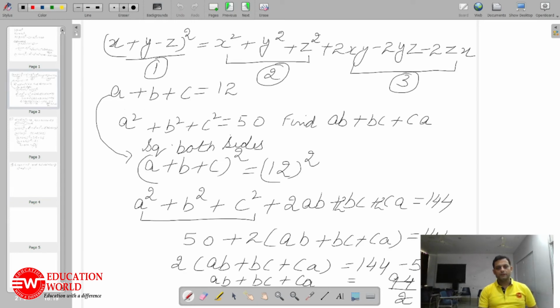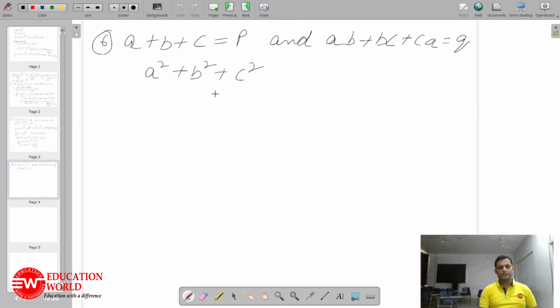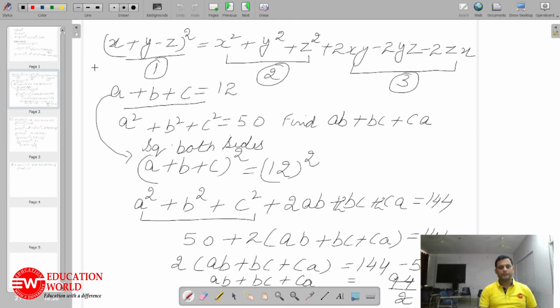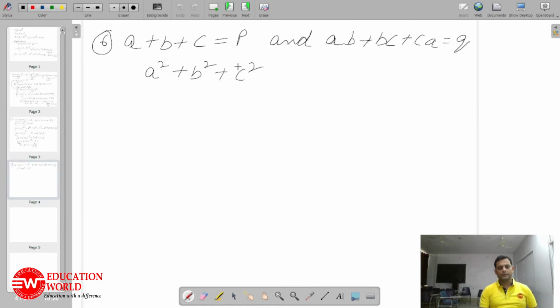First of all, they were asking for a + b + c, the first variable. For the second question, they were asking this variable. Now they are asking a square. So in the first question, they were asking this variable, the third one. Then they asked for the first variable in this one. Now they are asking for the second variable.